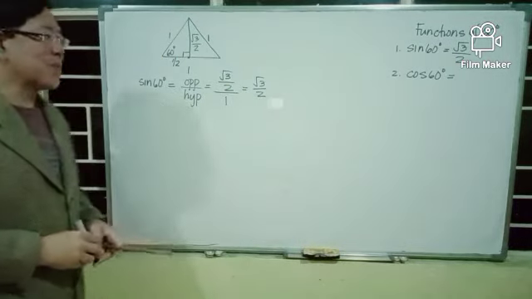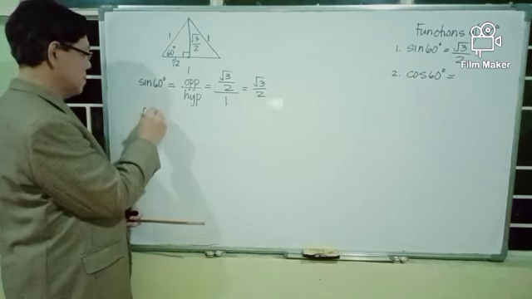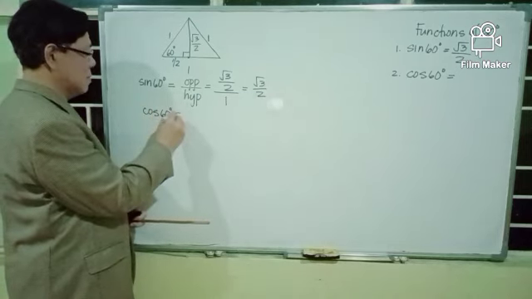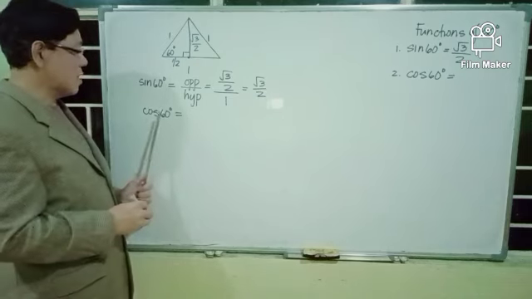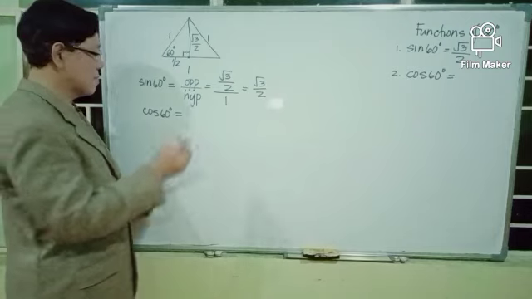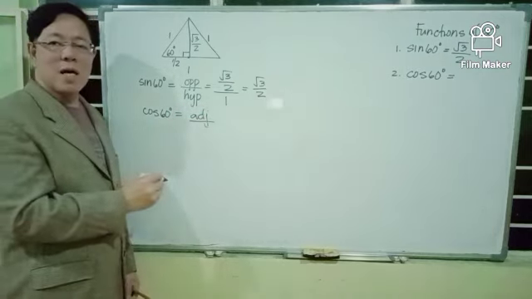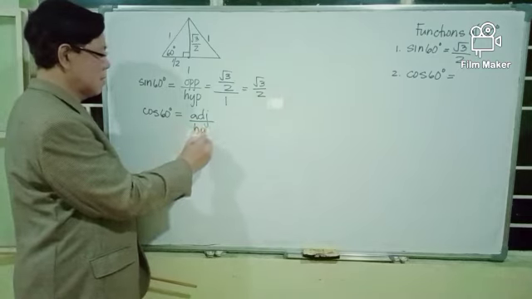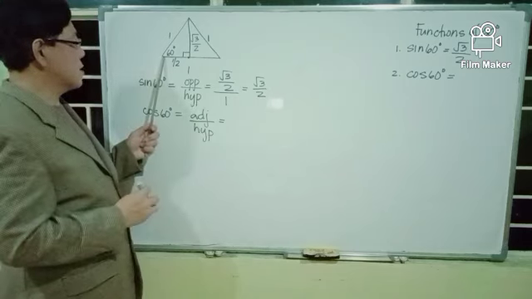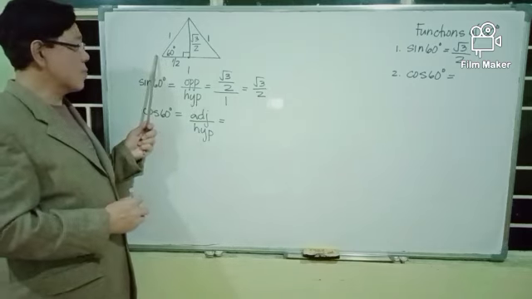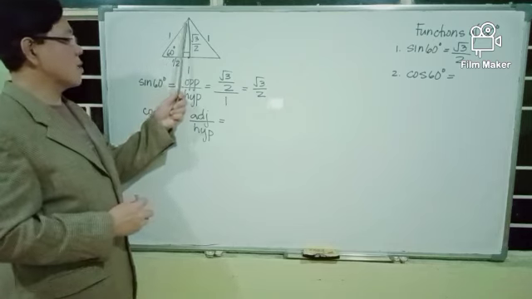Next, we derive the cosine of 60 degrees. Cosine is defined as the ratio of the side adjacent to the acute angle 60 divided by the hypotenuse. The side adjacent to 60 is the side of the right triangle that makes the acute angle 60 degrees with the hypotenuse.